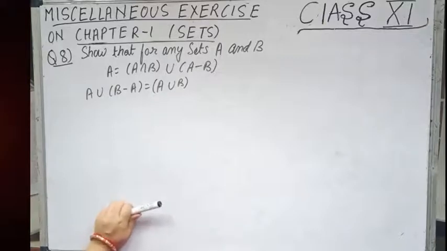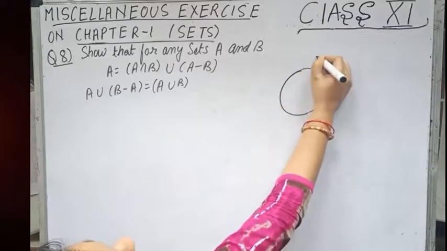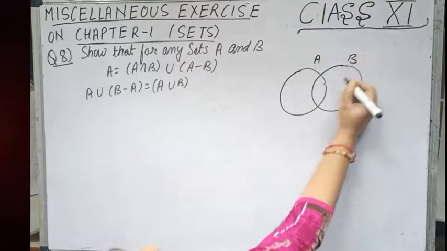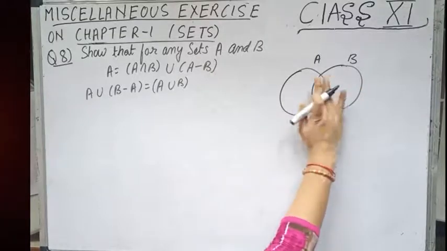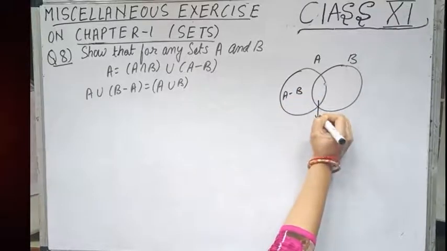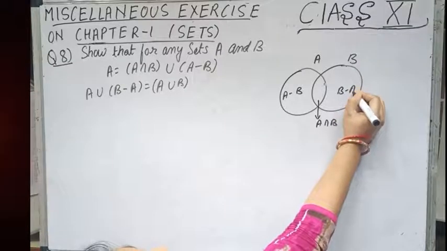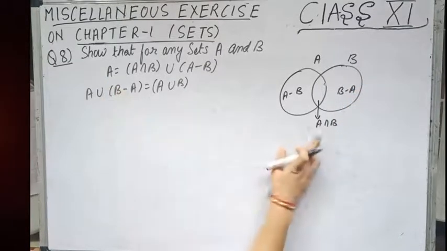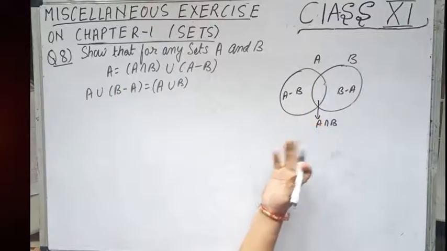Now over here, children, if this is the set A and this one is the set B, then this portion we write as A minus B, this portion as A intersection B, and this portion as B minus A. We have to prove that A equals A intersection B union A minus B. It is quite obvious.